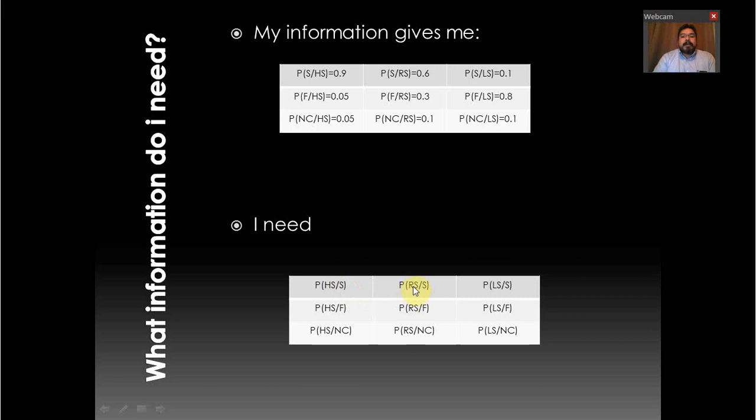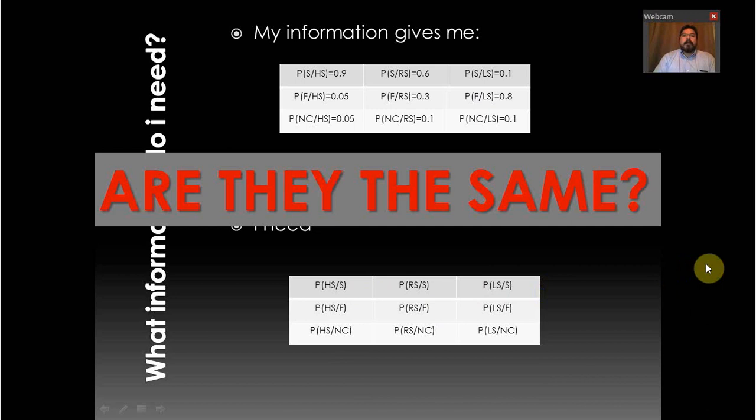We need regular sales due success, and we have success due regular sales. We need low sales due success, and we have success due low sales. And the same happens with failure and non-conclusive results. So we have this question: are they the same probabilities?